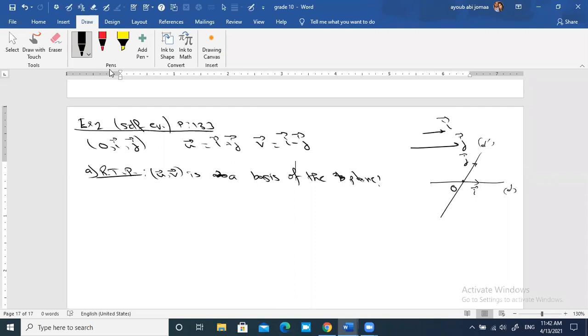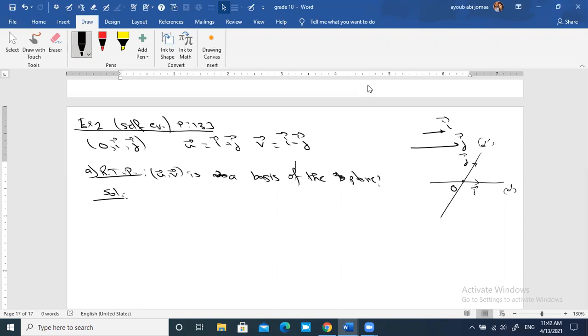How do I draw the lines d and d prime? No answer? Yes? Okay.